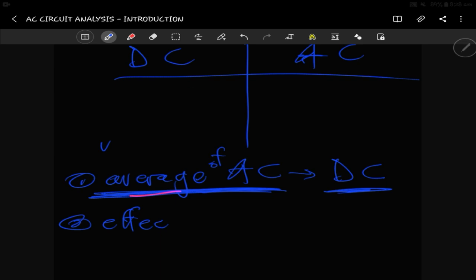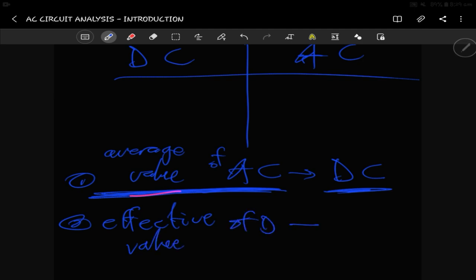Average value, and we have effective value of AC.